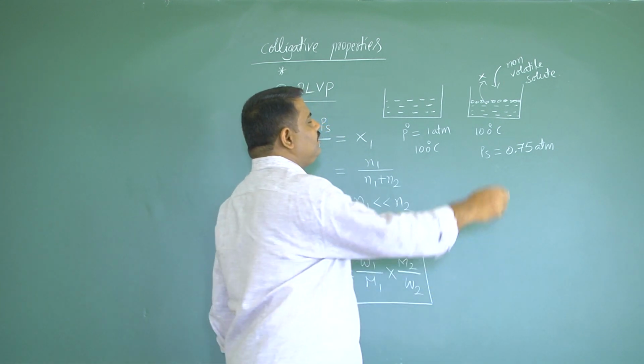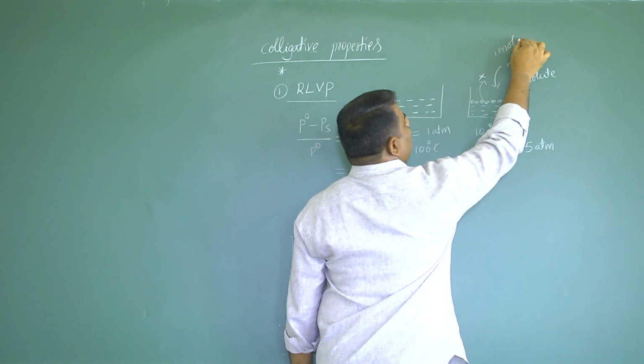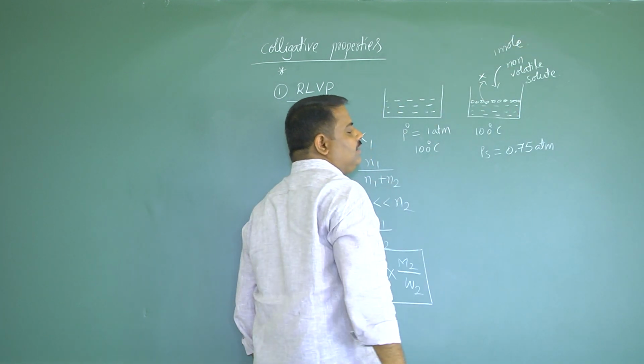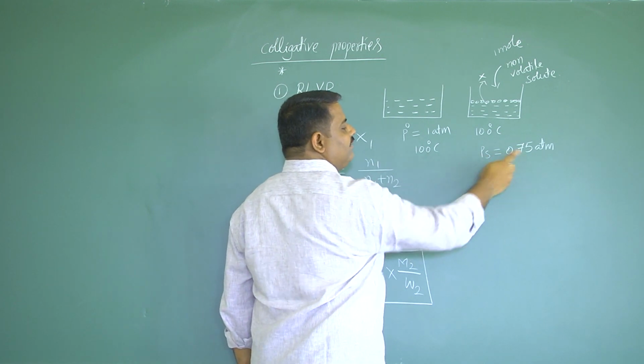Now for example, you are going to add 1 mole of non-volatile solute here, the vapor pressure becomes 0.75.